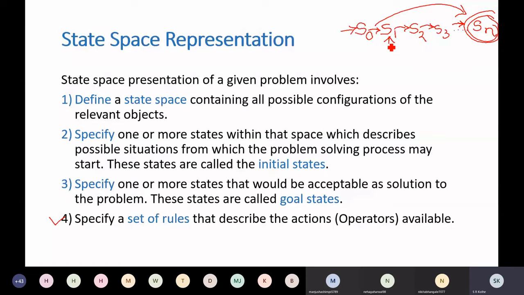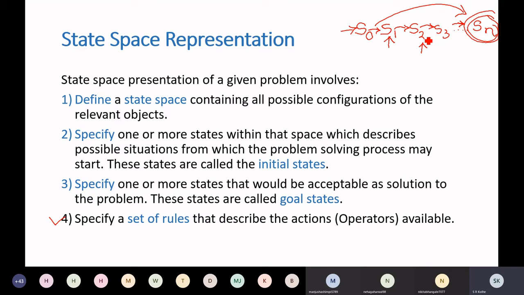S1 is not the final state or goal state which we want. So again we will try to convert this S1 into final state Sn. Again we look at the rules, which rule I can apply from the set of available rules. So I will apply the appropriate rule on S1, and that may lead to state S2. Again you are going to check whether this S2 is a goal state. No, S2 is not a goal state because we know that Sn is the goal state.